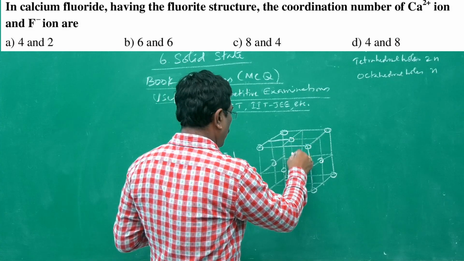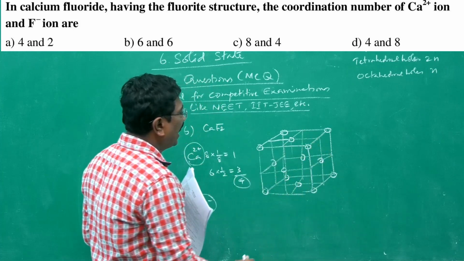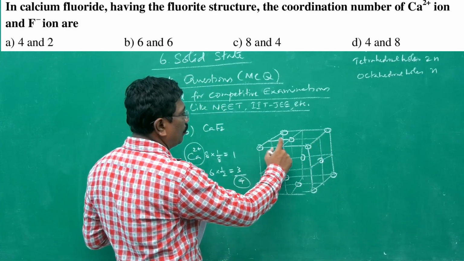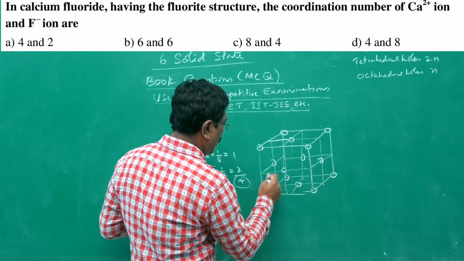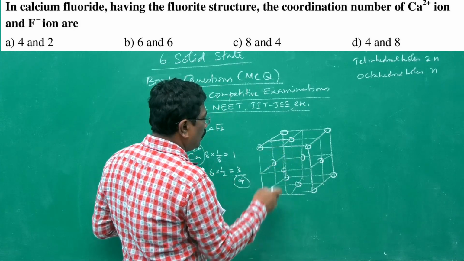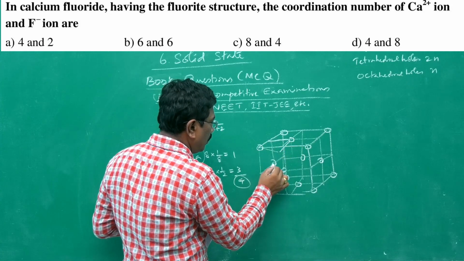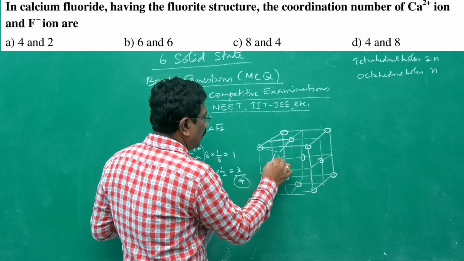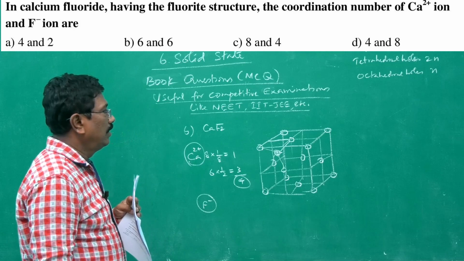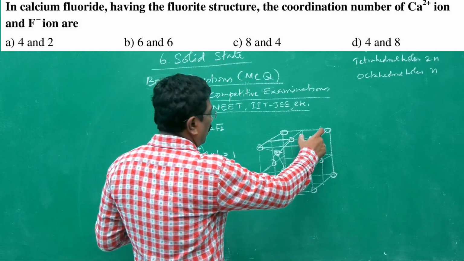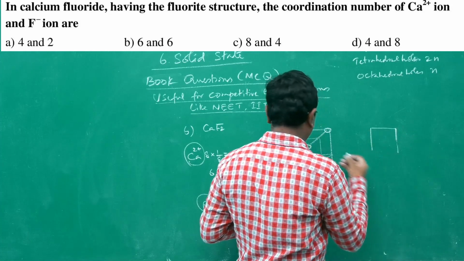A cube is formed in between, and if you imagine it is made of 8 cubes, I can segregate into 8 cubes. One cube may be comprising of these 4. So at the center of 1, 2, 3, 4, there is a fluoride ion. Likewise, if I imagine a small cube, one part I can take out.